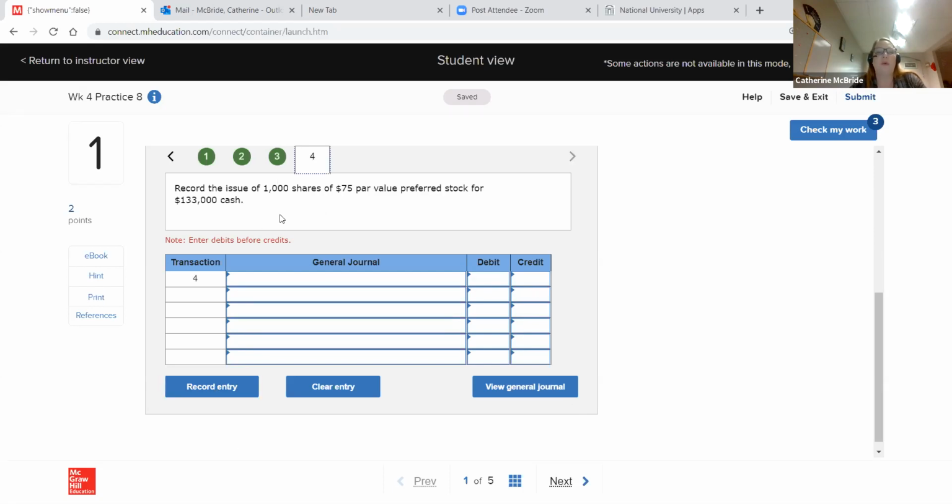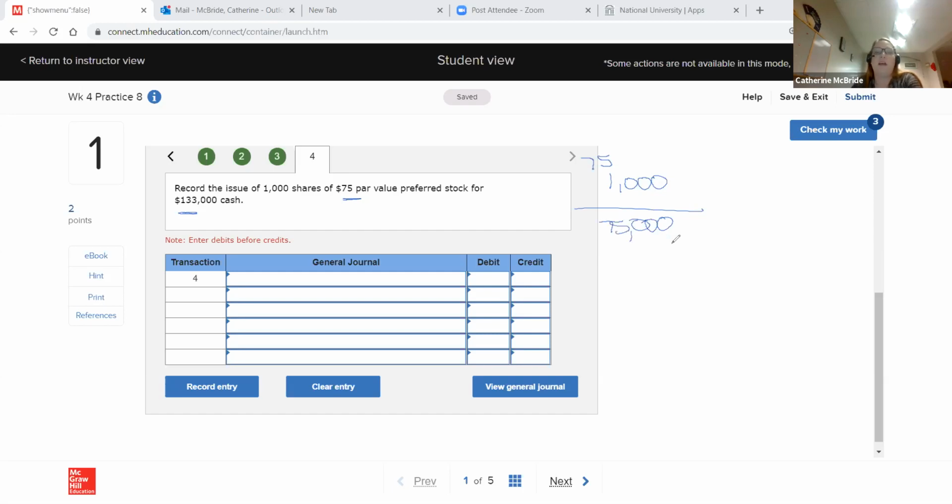All right, and the last one is we're issuing preferred stock. The good thing to know is that if you know how to issue common stock, then you know how to issue preferred stock, because it's all exactly the same. You just say preferred stock instead of common stock. So we have 1,000 shares of $75 par value, and we received $133,000 cash. So I'm going to take my 1,000 shares times $75 par value.